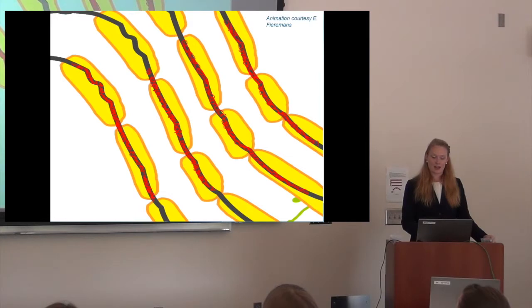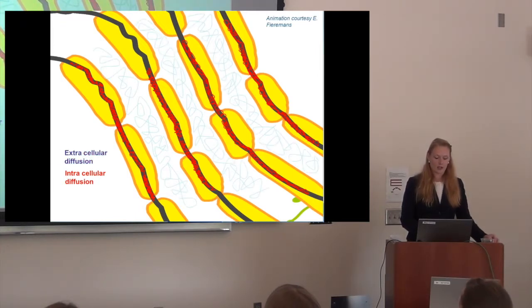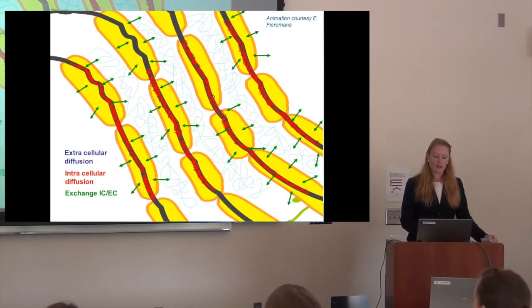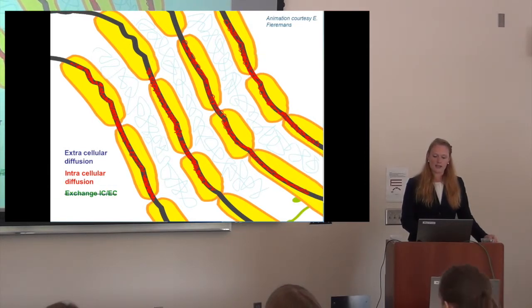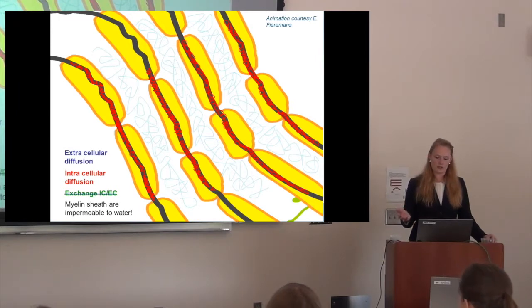We have water inside of the axons, which we call intracellular diffusion, water outside of the axon, which is called extracellular diffusion, and an exchange component that we will ignore. This model was developed in our lab by Els Fieremans a while ago, and it's the model that we're using. It's called the white matter tract integrity model, just to be clear.